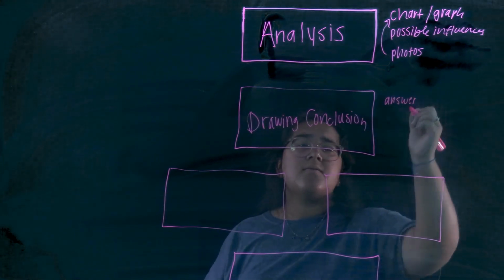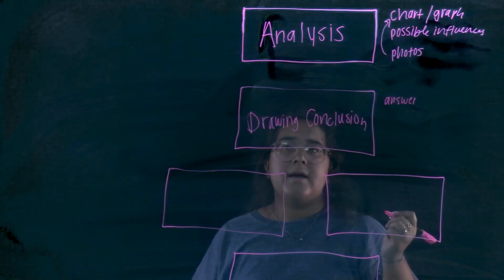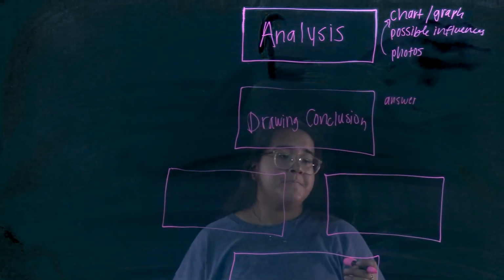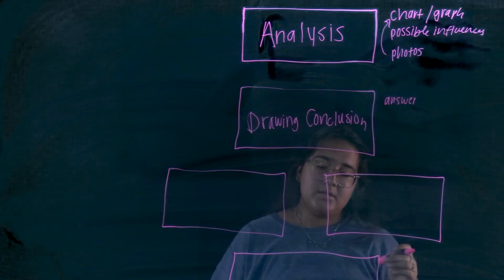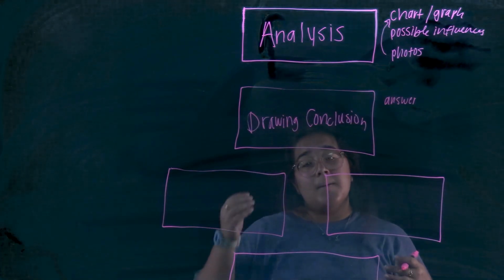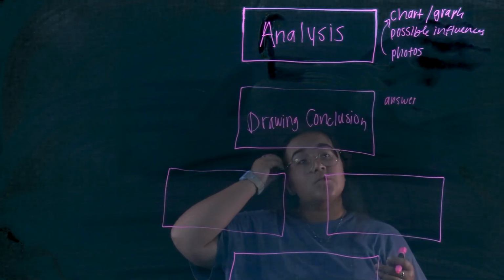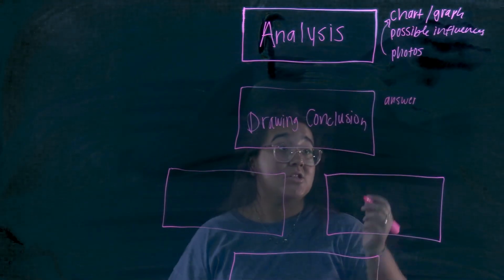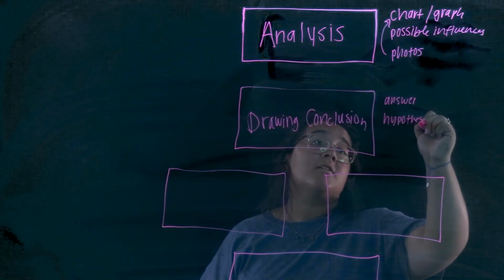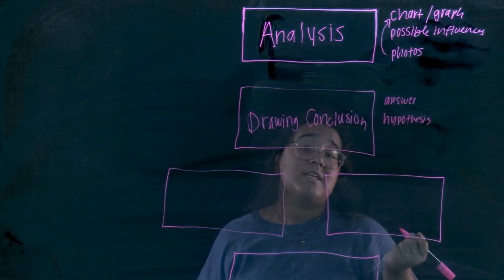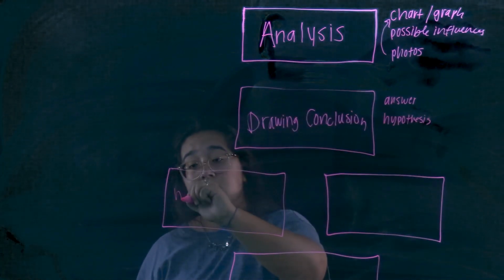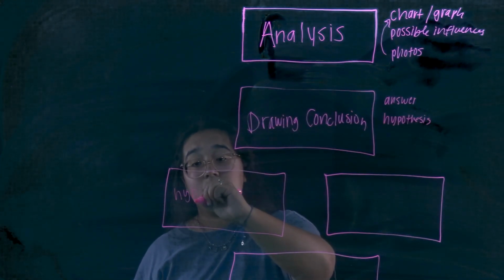If there is a definitive answer, I can think of some experiments that you might do that maybe the data doesn't give a for sure answer, but you can still draw a conclusion on your hypothesis. So you're going to refer back to your hypothesis, and you're going to see, was it correct? Was it not correct? And from there, we continue to draw our conclusion.